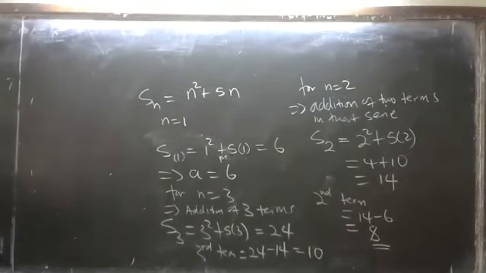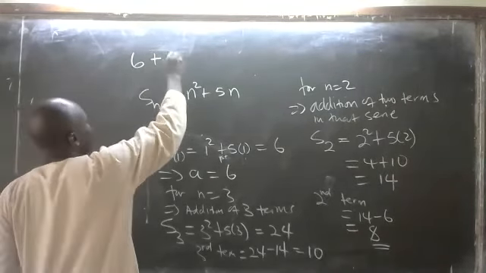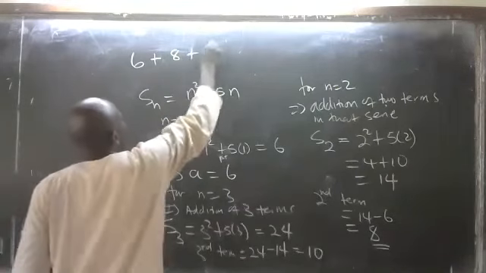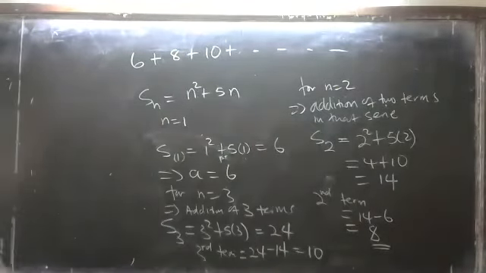So when you write them, you have 6, you have 8, you have 10. Those are the first 3 terms in that series. When you subtract them, did you get a common difference?